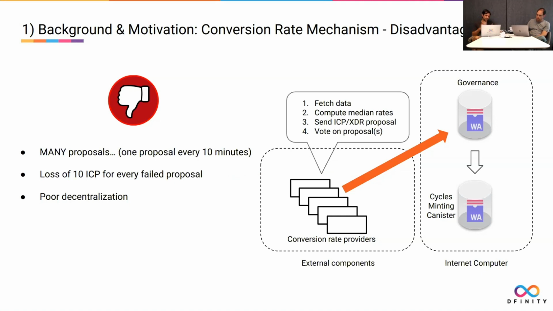Obviously, those are proposals, and everybody's free to create their own proposals, but nobody would ever do that in reality. So it's essentially a DFINITY run mechanism, right? And we were aware of that from the start. For a long time, we were looking into alternatives, and now finally, we have a different proposal on the table.